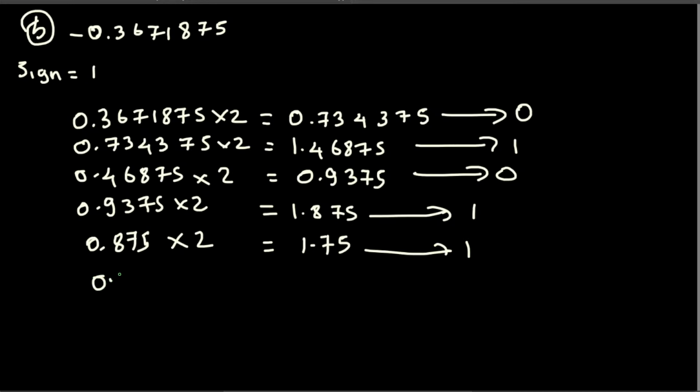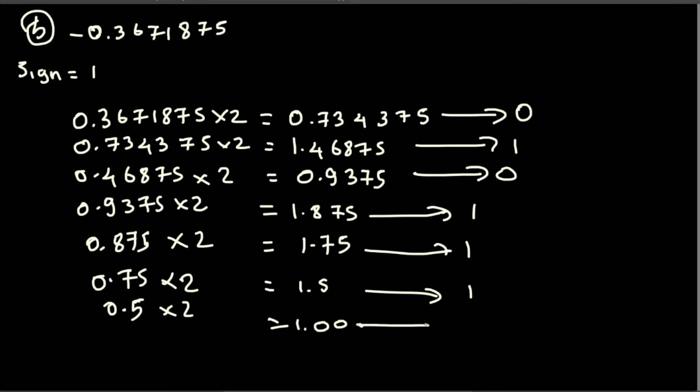Then 0.75 multiplied by 2 gives 1.5, with 1 in front. Then 0.5 multiplied by 2 is 1.0, and 1 in front. Here we read from top to bottom, so we have 0.010111.